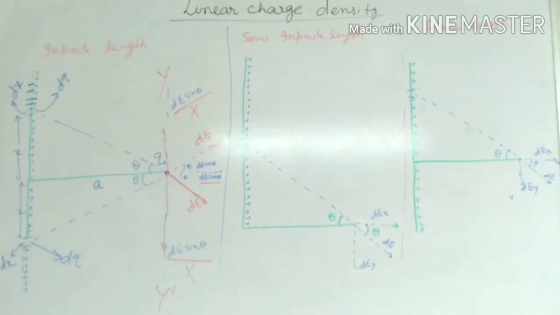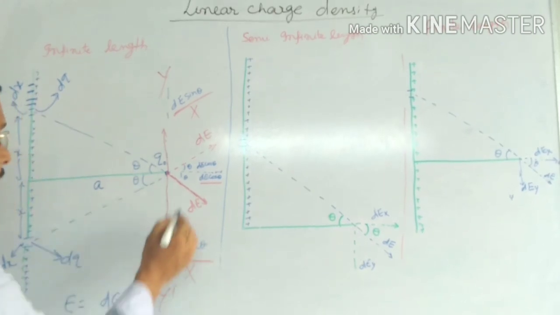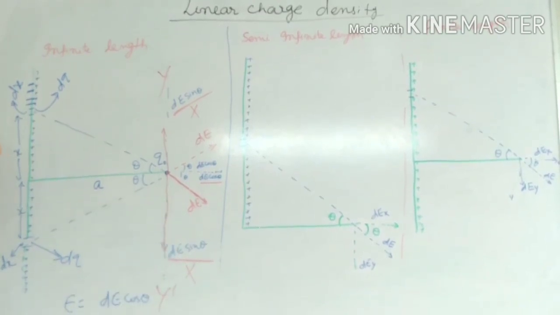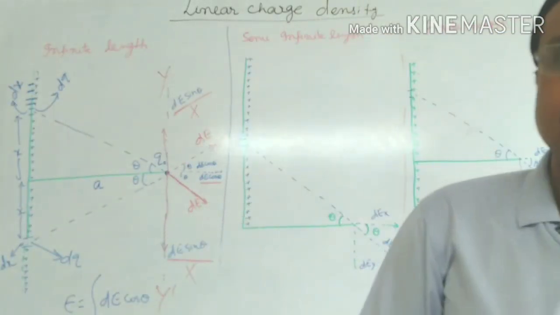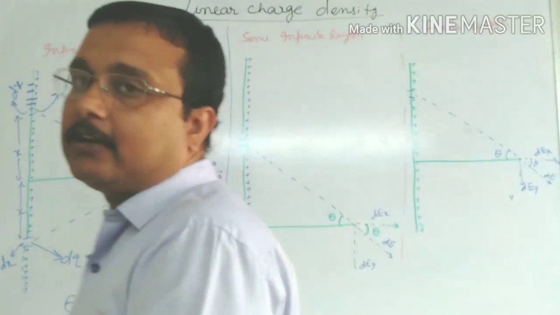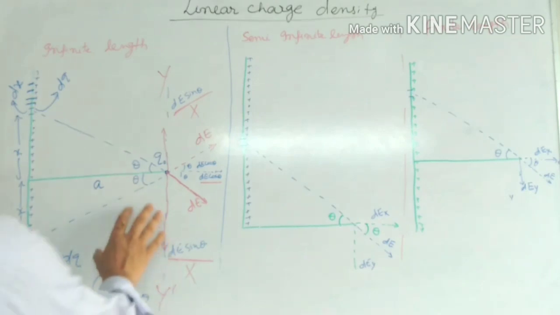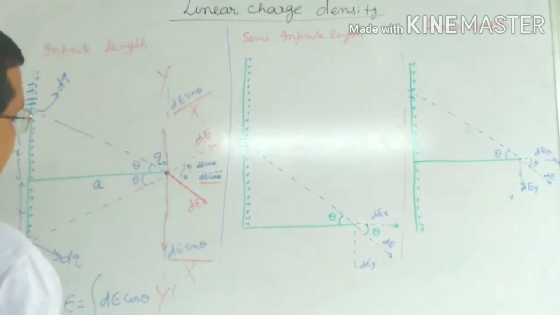So we have to calculate E at this point as the integration of dE cos theta. After integrating dE cos theta, you can find the value of the electric field due to the infinite length.